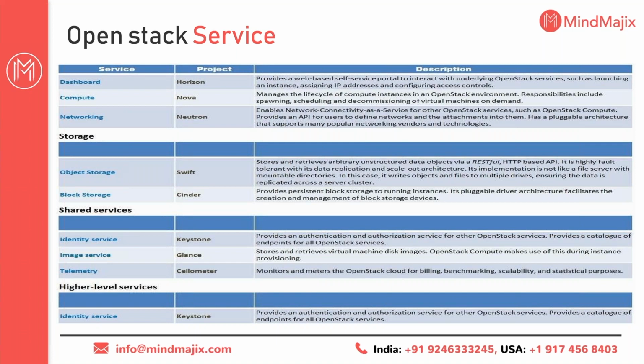Suppose you want to build your cloud, OpenStack RHOSP, then you need an undercloud and an overcloud. With the help of the undercloud, you are going to build your overcloud. Overcloud means compute nodes and controller nodes. For building your cloud you need three things: compute nodes, networking, and storage.